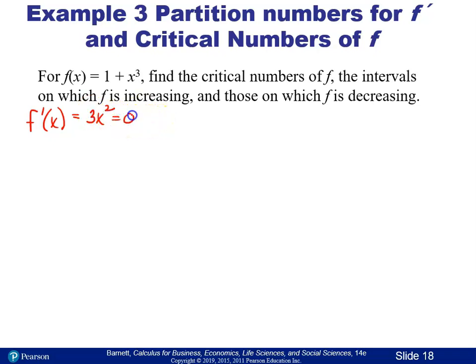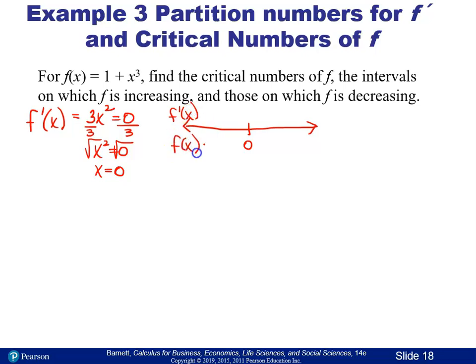So we want to set that equal to 0. We'll divide both sides by 3. So x squared is 0. You take the square root of both sides. The square root of 0 is in fact 0. So that means we're going to put 0 on our number line and see what happens.